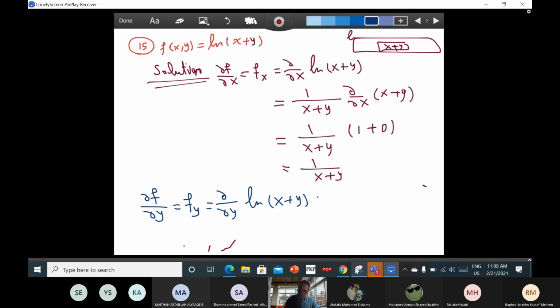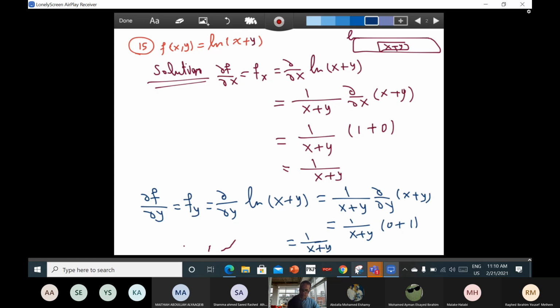Again, the derivative of ln is 1 over whatever is inside the ln, and then I differentiate what is inside with respect to my variable. Now, what is the derivative of x with respect to y? It is 0. The derivative of y with respect to y is 1. So I end up with 1 over x plus y.